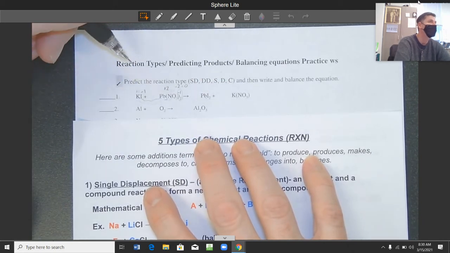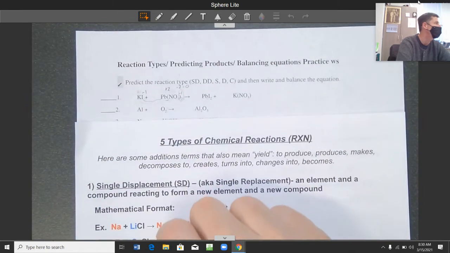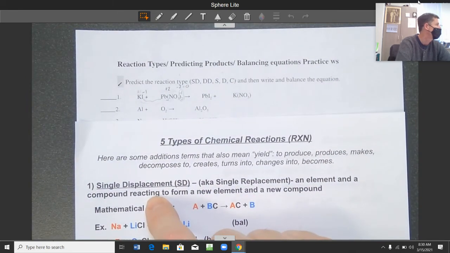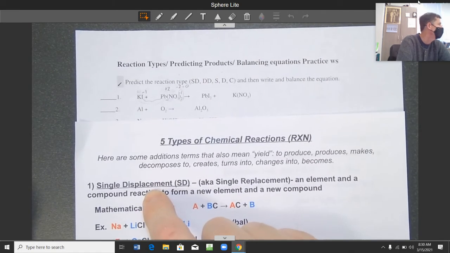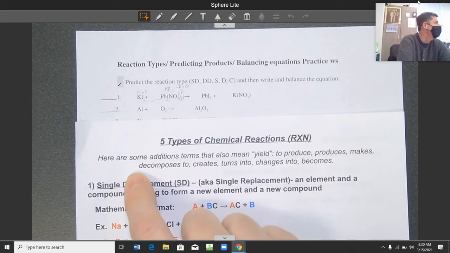What does that mean? What reaction type is that? Two things have changed places. Two things have displaced each other or replaced each other. Double displacement, double replacement. Does that make sense? Two things replaced each other.